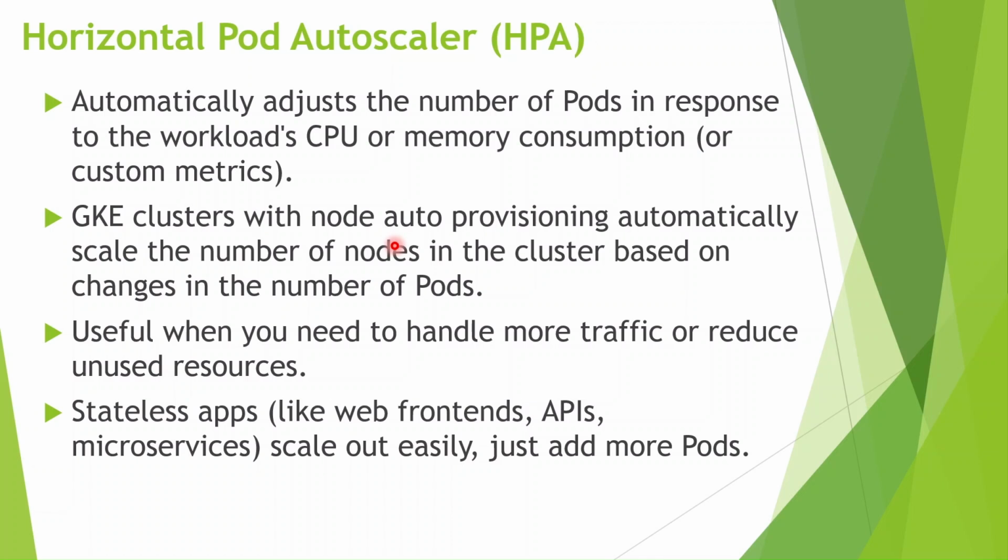It will add new node pools and also increase the number of nodes in a specific node pool so that your pods can be scheduled on that. It is very useful when you need to handle more traffic or reduce unused resources. And HPA is basically for stateless apps like web front ends, APIs, and microservices that can scale out easily, where you just need to add more pods.